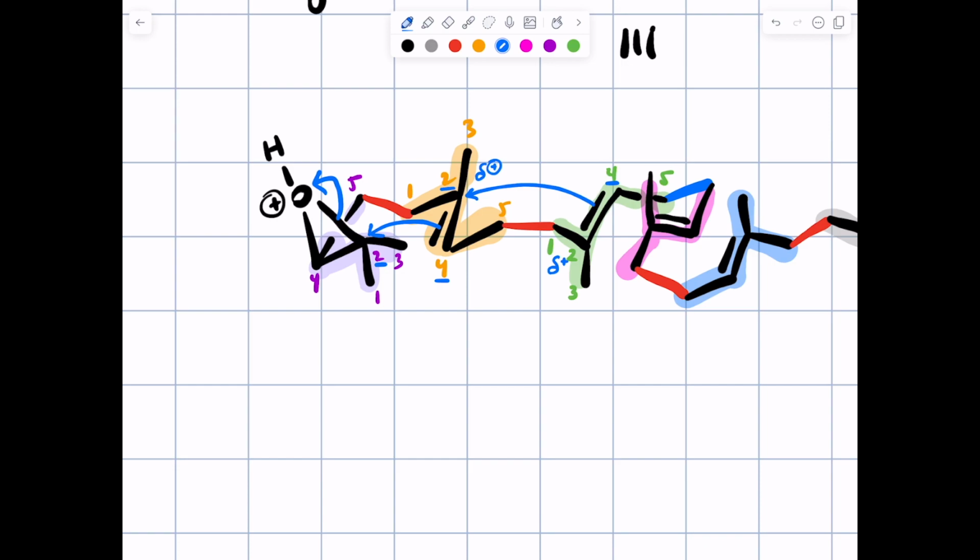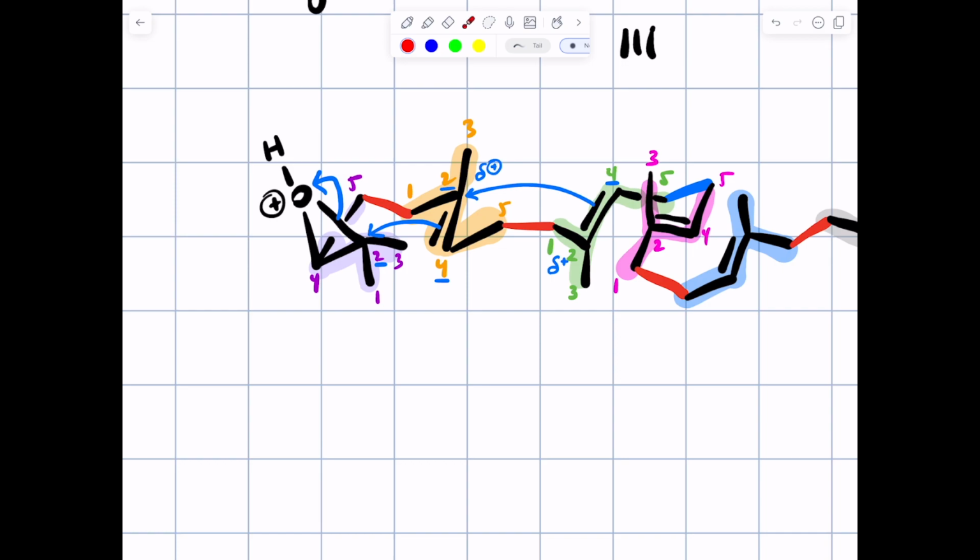And a few atoms away, we also have the pi bond between pink 2 and pink 4. 1, 2, 3, 4, 5. If pink 2 attacks the building up of positive charge on green 2, we get a 6-membered ring, but a partial positive charge on less substituted carbon 4.